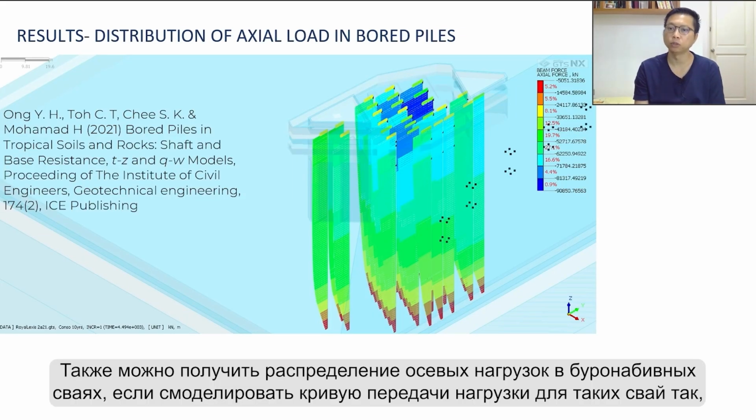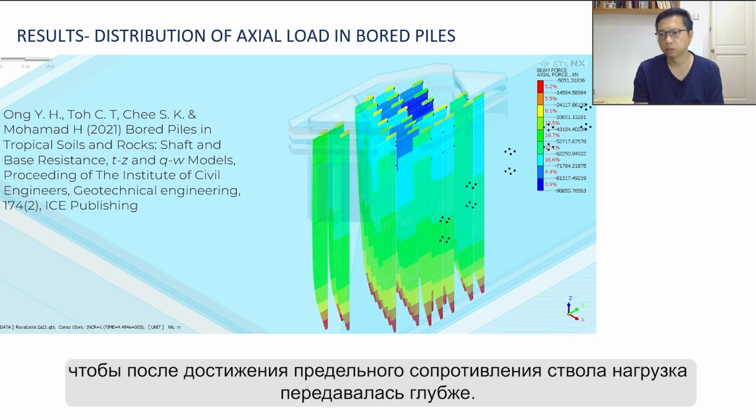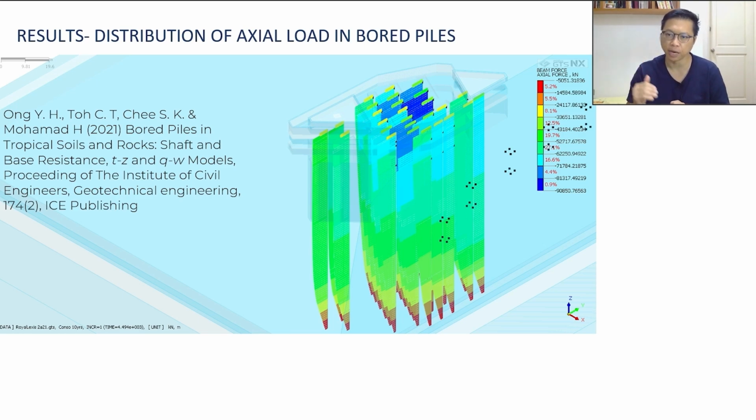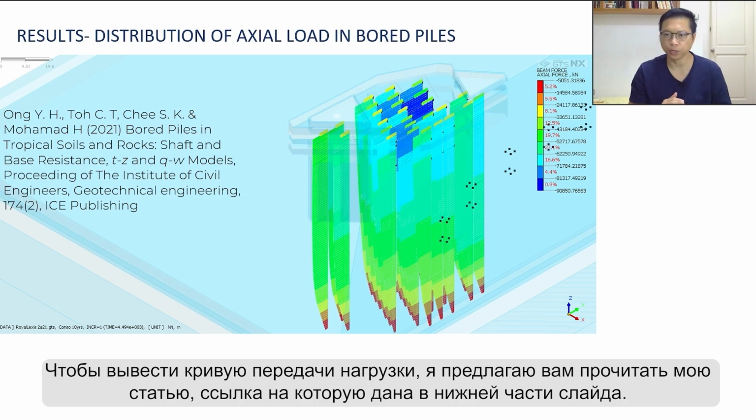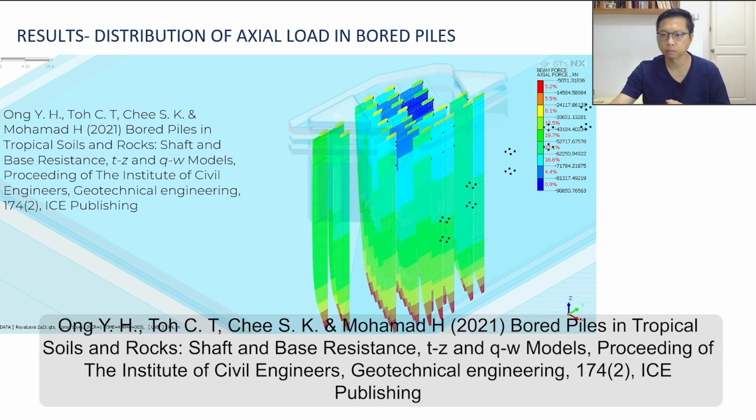You also can output the distribution of axial load in bore piles, provided you model the load transfer curve for the bore piles, so that after the ultimate shaft resistance is reached, the load is transferred to the greater depth. I suggest you read my paper to input the load transfer curve into my GDSNX.